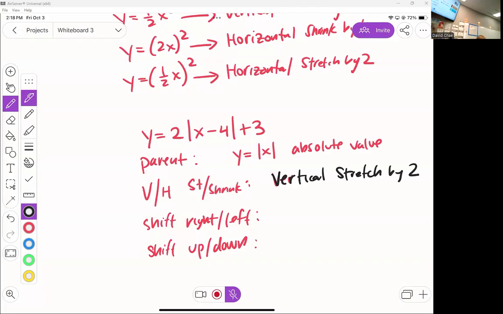Nice. What's our shift left and right? Tatum. Right 4. Up or down? Anybody? Up 3. Good job. Cool. Any question on that? Not too bad, right?